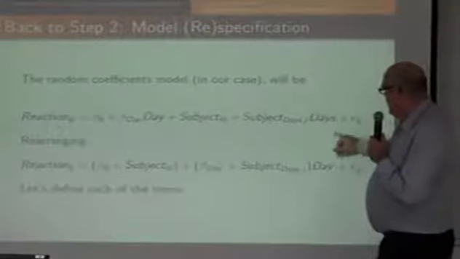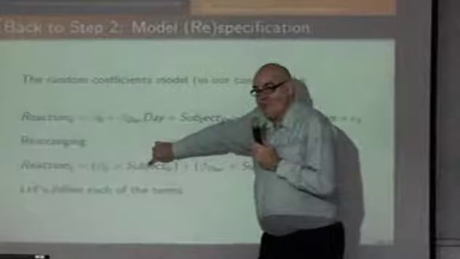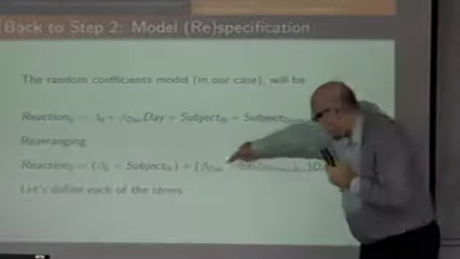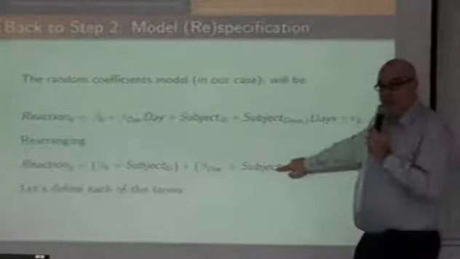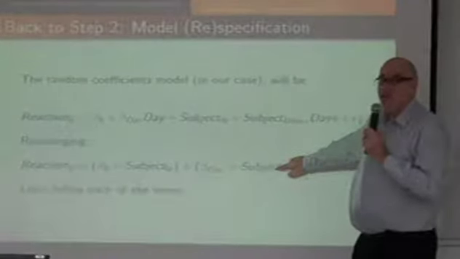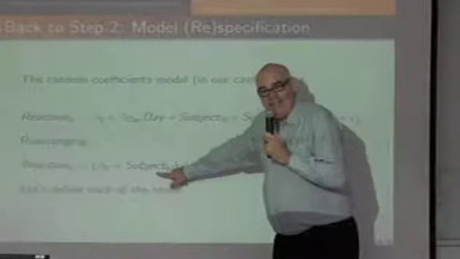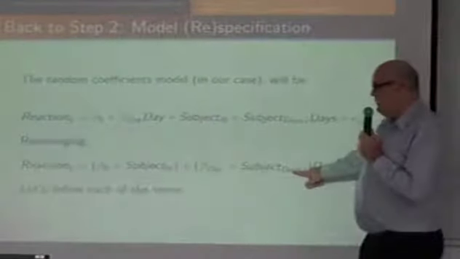So we have a change in the intercept due to subject, and then a change in the slope due to that subject. So each individual can vary from the average regression equation, both in terms of their intercept and their slope.